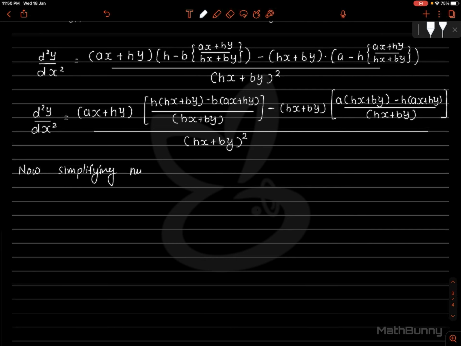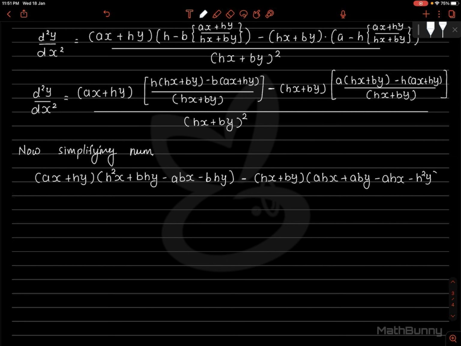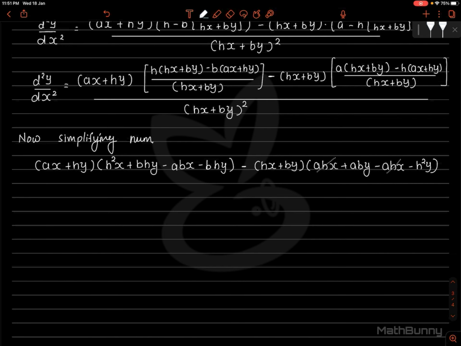Now simplifying the numerator, it would become (ax plus hy) multiplied by (h square x plus bhy minus abx minus bhy) minus (hx plus by) multiplied by (ahx plus aby minus ahx minus h square y).